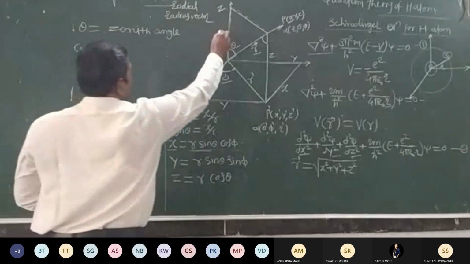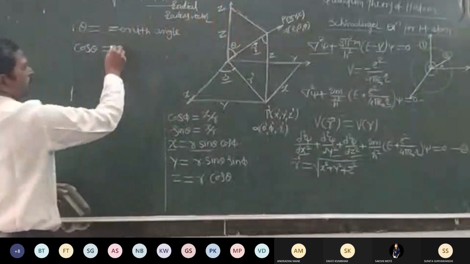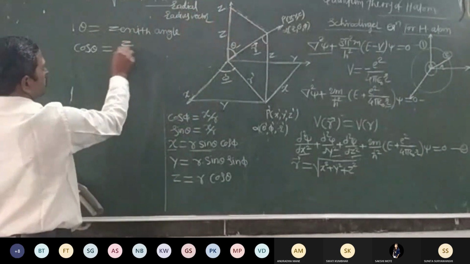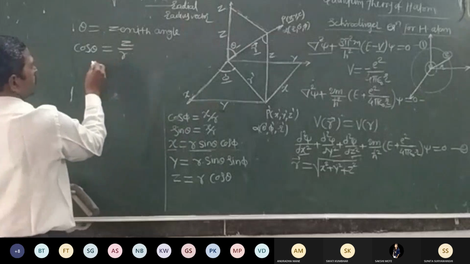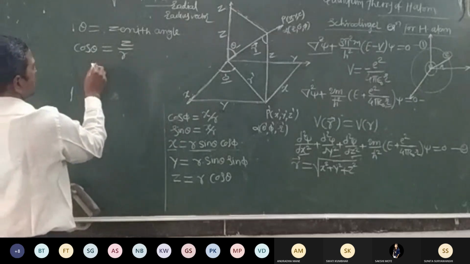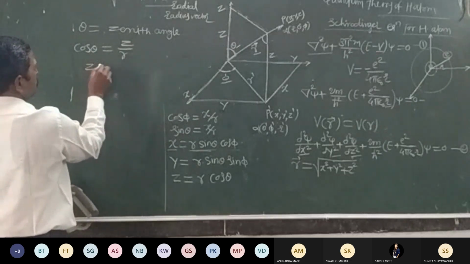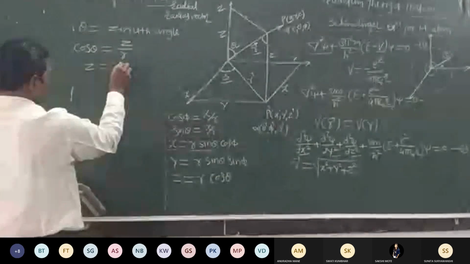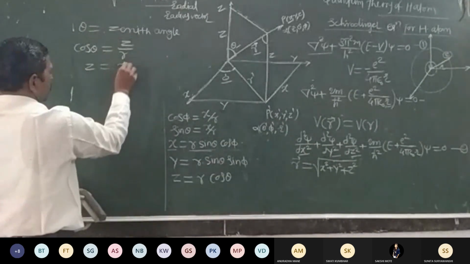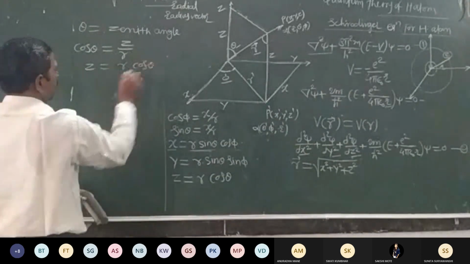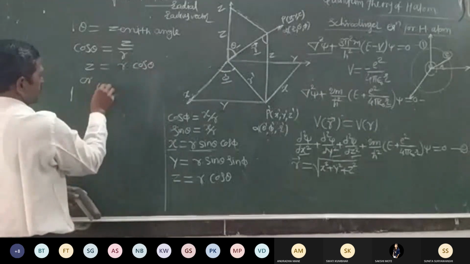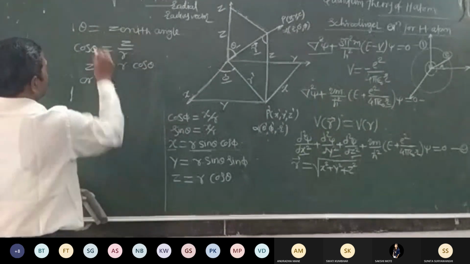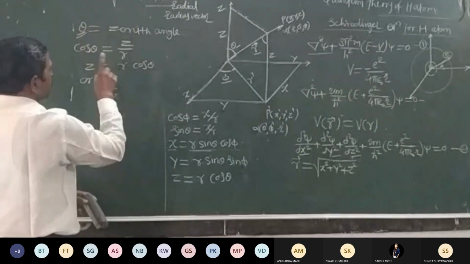to cos of theta. जर याचा घेतला तर काय असेल, ही तुमचा z असेल तर cos theta त्याचा काय, z upon r, and it can be written as z is equal to r cos theta. Or I have to write that theta is equal to, मला theta ची व्हॅल्यू घ्यायची आता, z ची नाही पाहिजे मला theta ची पाहिजे.